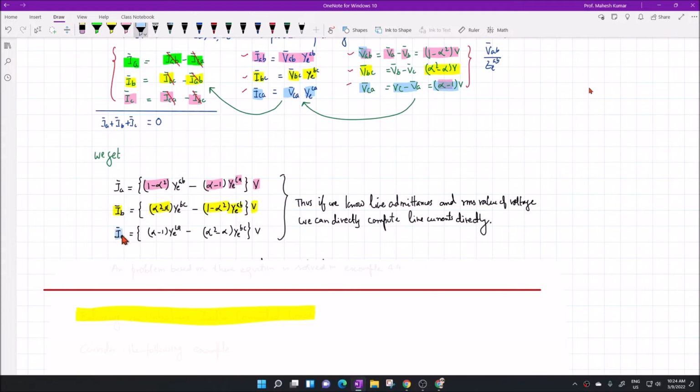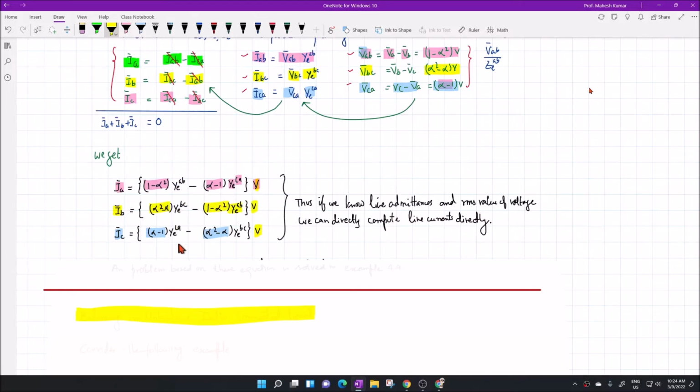For C, IC is VCA into YLCA, and VCA is alpha minus 1, minus VBC into YLBC, and VBC is alpha square minus alpha. So these are the currents, that is line currents in terms of the RMS value of voltage, as you can see here, and the admittance parameters along with the complex operator alpha.